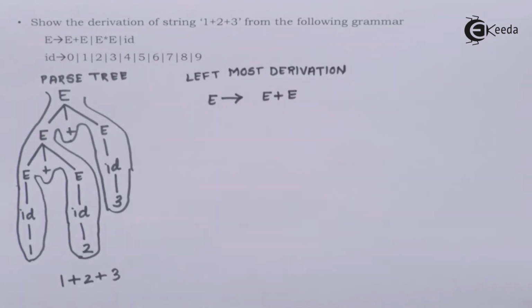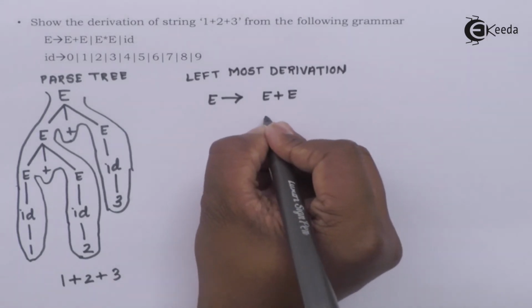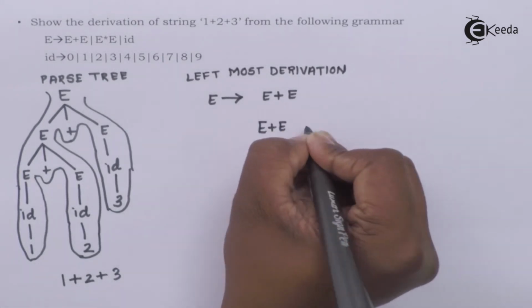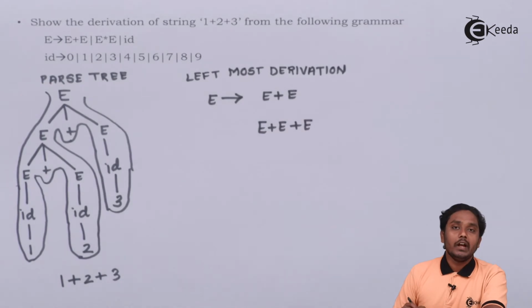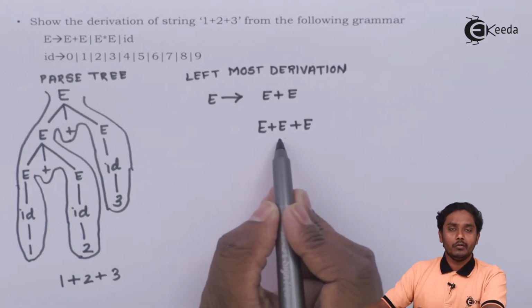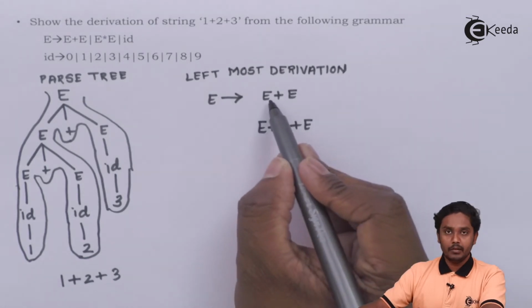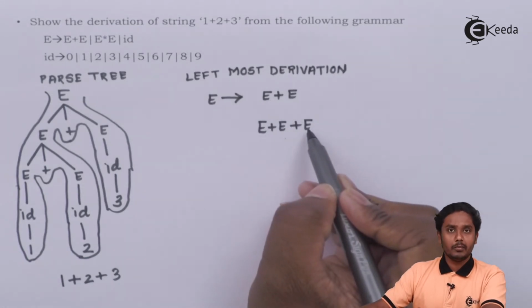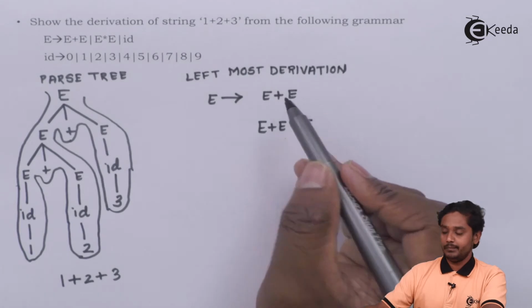We have produced plus one time, we need one more, so the leftmost E will be replaced with one more E plus E. Note that this E plus E is producing the first E from here, and this E is a replication of the E over here.